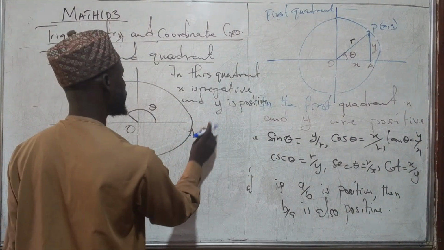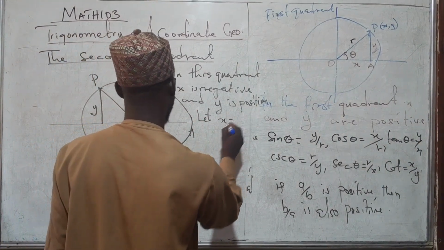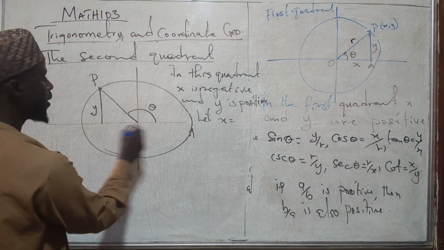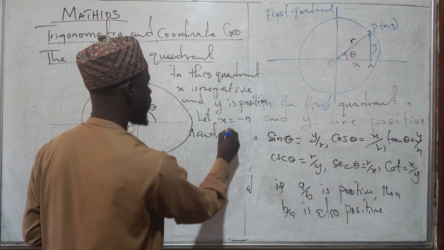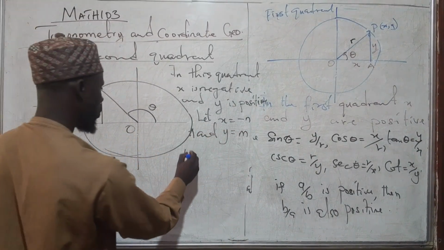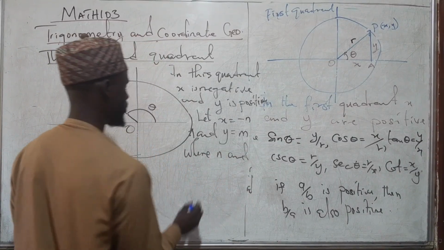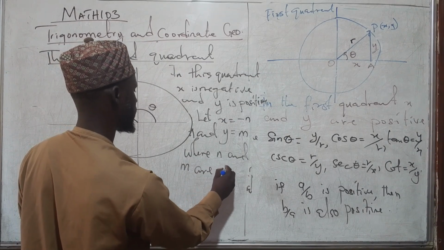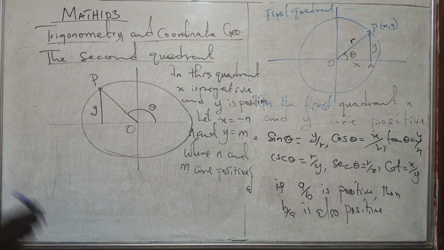So let x be equal to, say, minus n, and y be equal to m, where n and m are all positive.